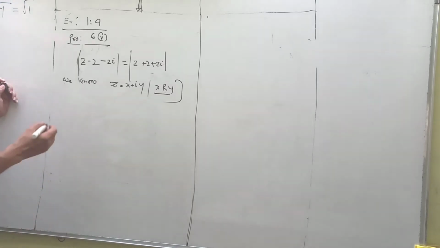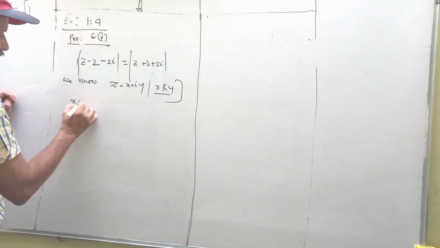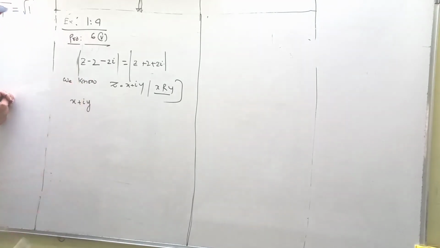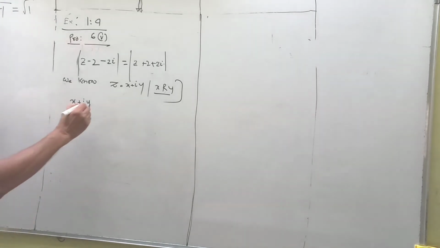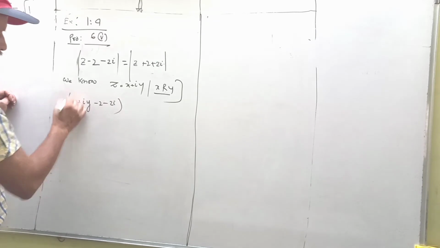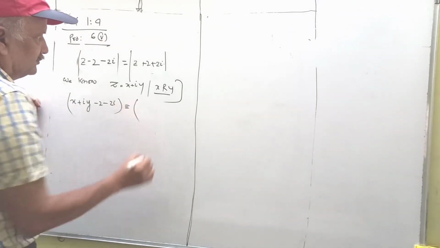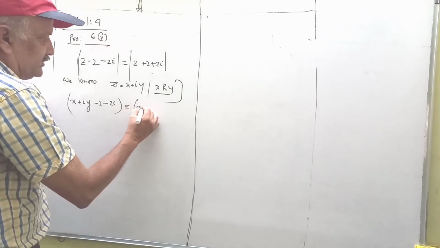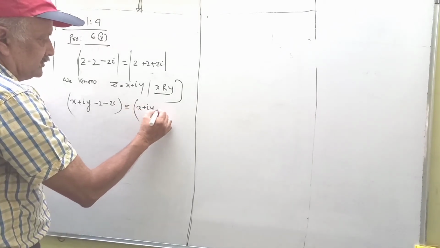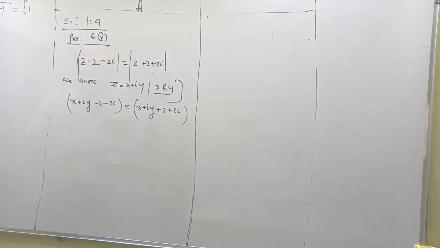Next, first you see how we will manage this problem. z equals x + iy, so |x + iy − 2 − 2i| = |x + iy + 2 + 2i|.